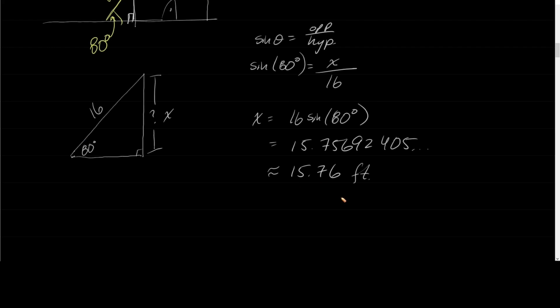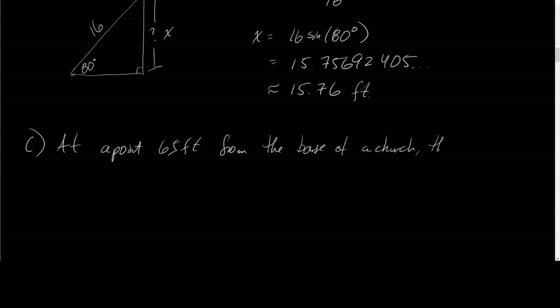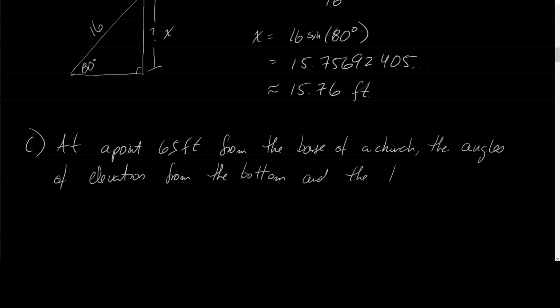Next one. This is another word problem. So, example C. At a point 65 feet from the base of a church, the angles of elevation from the bottom and the top of a second story window are 35 degrees and 45 degrees respectively.